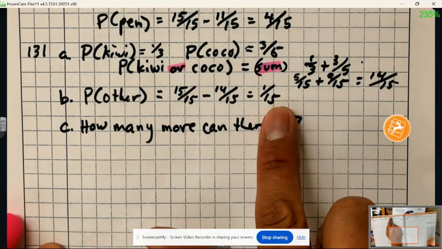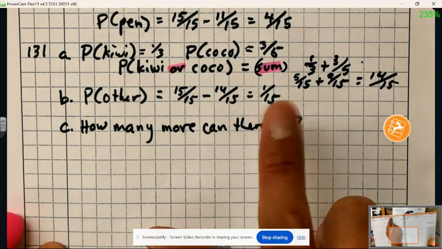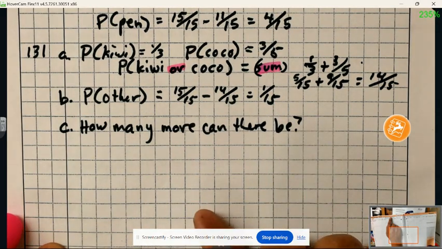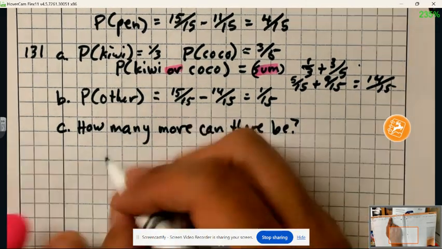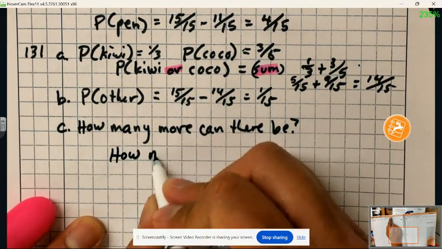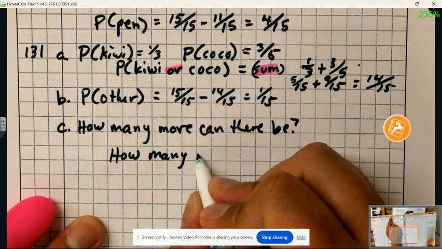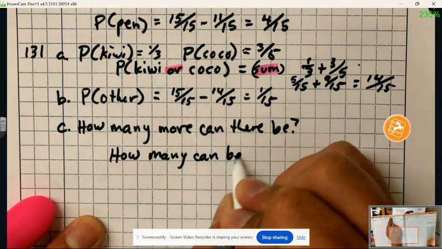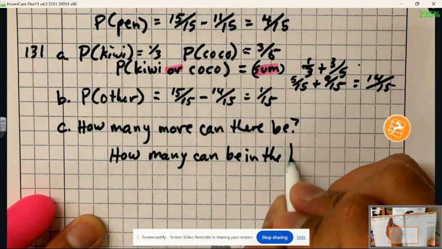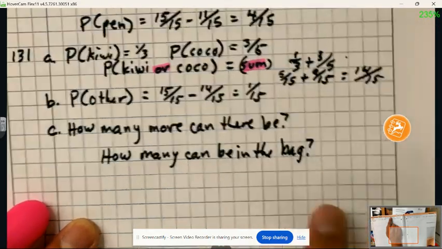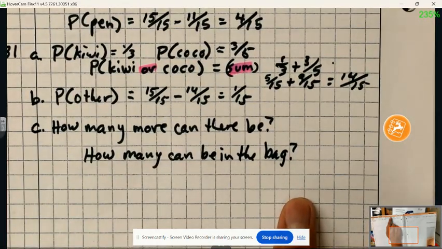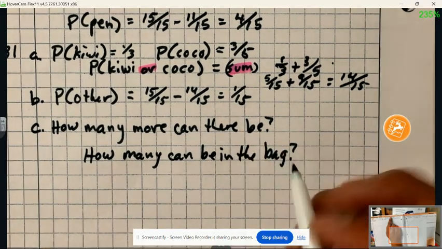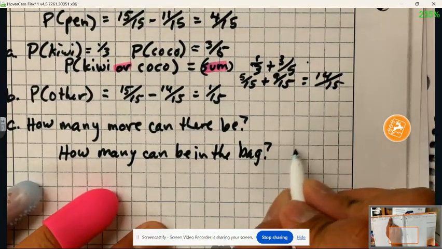And the answer is yes, there can be one more flavor if there's a bag of 15 candies. But the next question is, how many candies can be in the bag? Can there be more than 15 candies in the bag? And the answer is yes, there can be 30 candies in the bag.